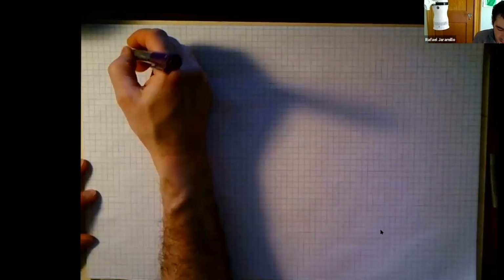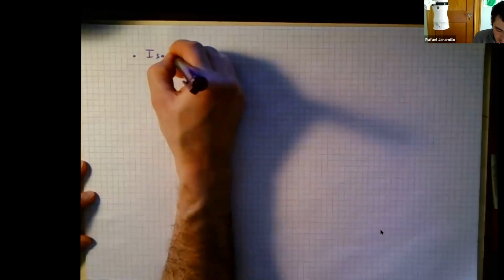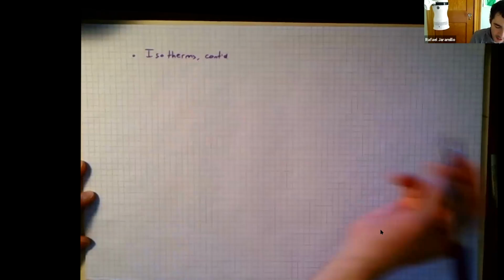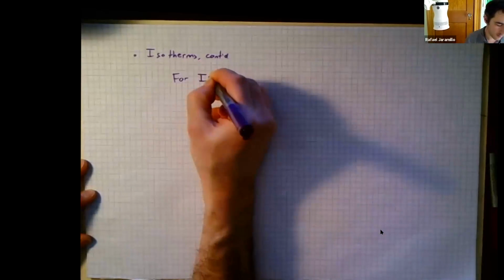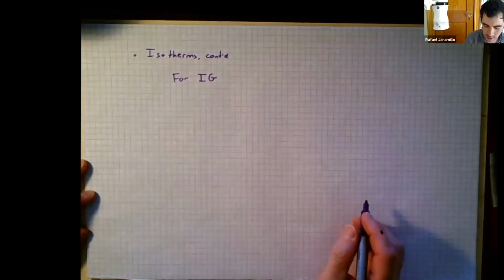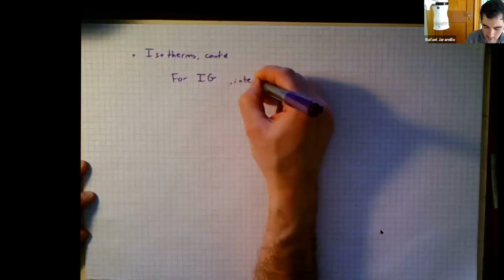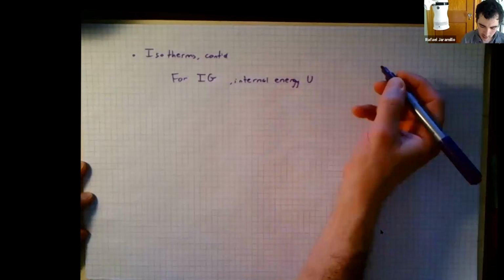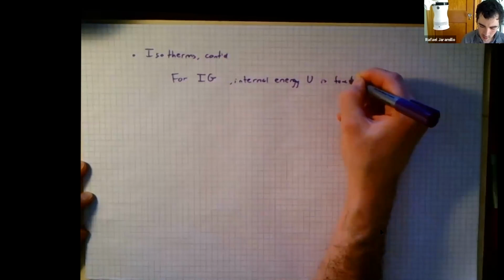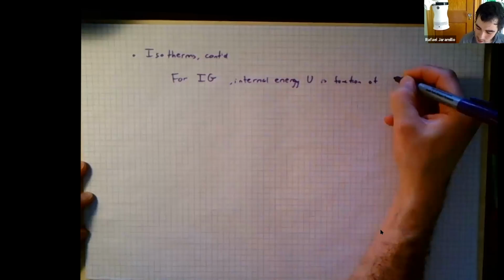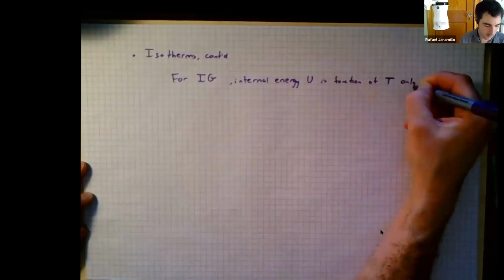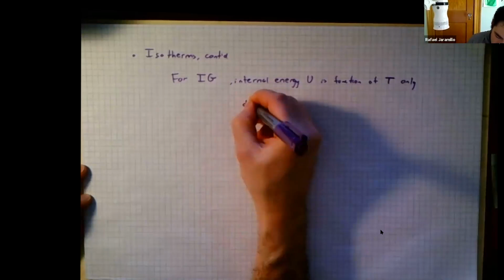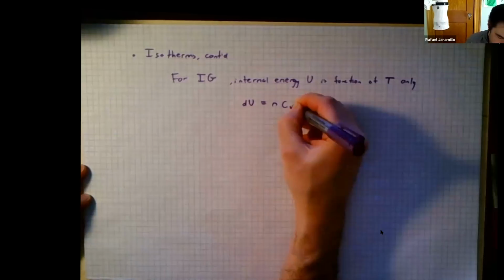Isotherms continued. For an ideal gas, internal energy is a function of T only: dU equals n C_V dT.